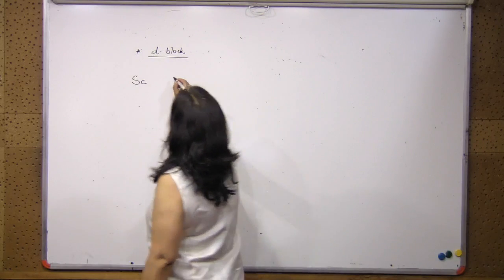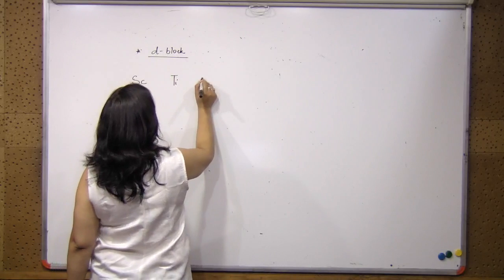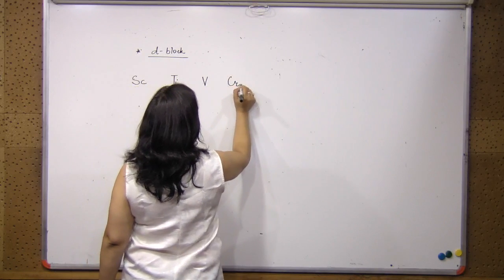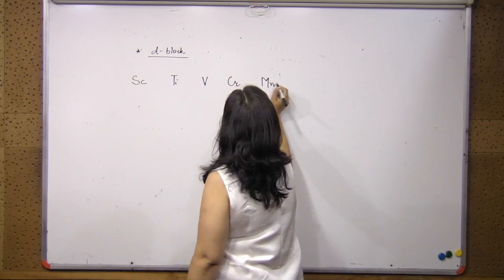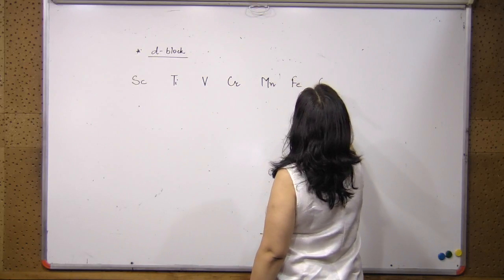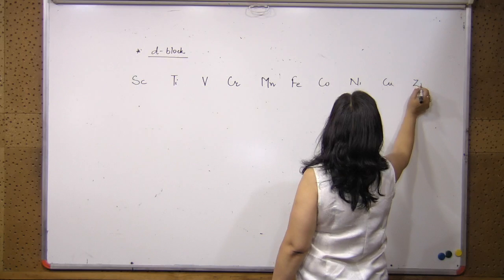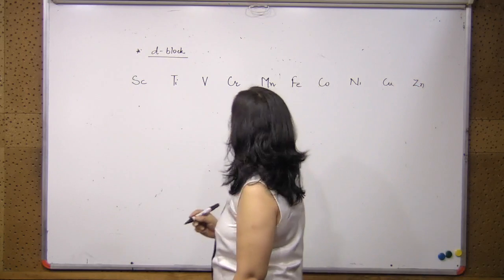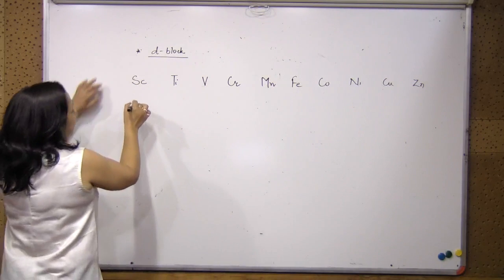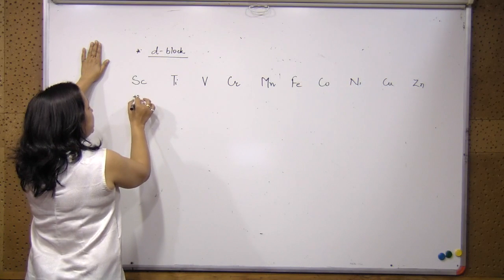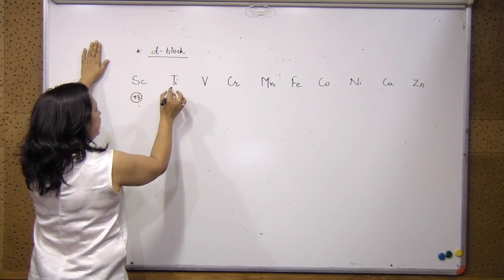It is scandium, titanium, vanadium, chromium, iron, cobalt, nickel, copper, zinc. The maximum oxidation state of scandium is +3.